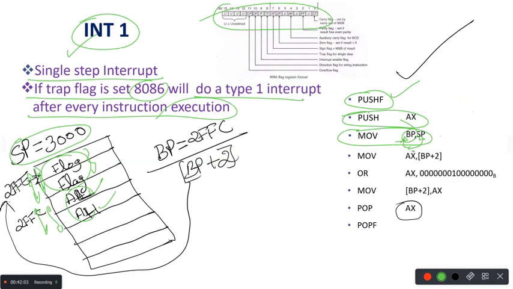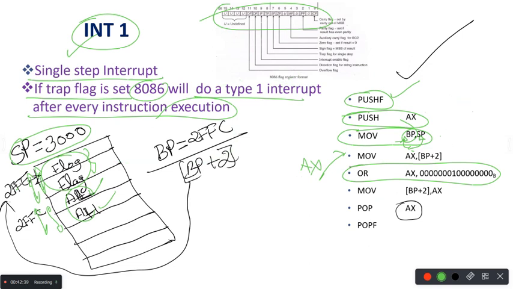Now tell me, what is the content of AX register here? Exactly, flag only. So here, your AX register will have the content of the flag register. Now you do OR operation of AX with 0000 0001 0000 0000.